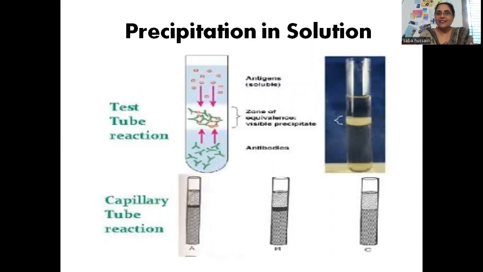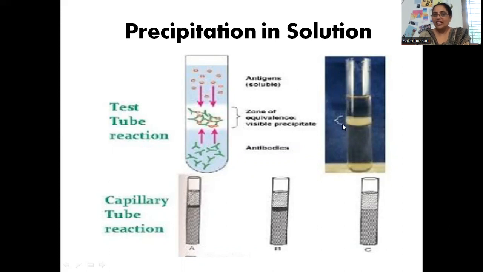Let's see it in the diagram. Here is the serum containing antibody, and when antigen is poured over it, this antigen is soluble in the solution and electrolytes are used, as I have told you. Optimum pH is also maintained here. So what will happen? These antibodies and antigen will react together and a kind of lattice will be formed. This lattice can be seen in the form of a precipitate. Here you can see a precipitate.